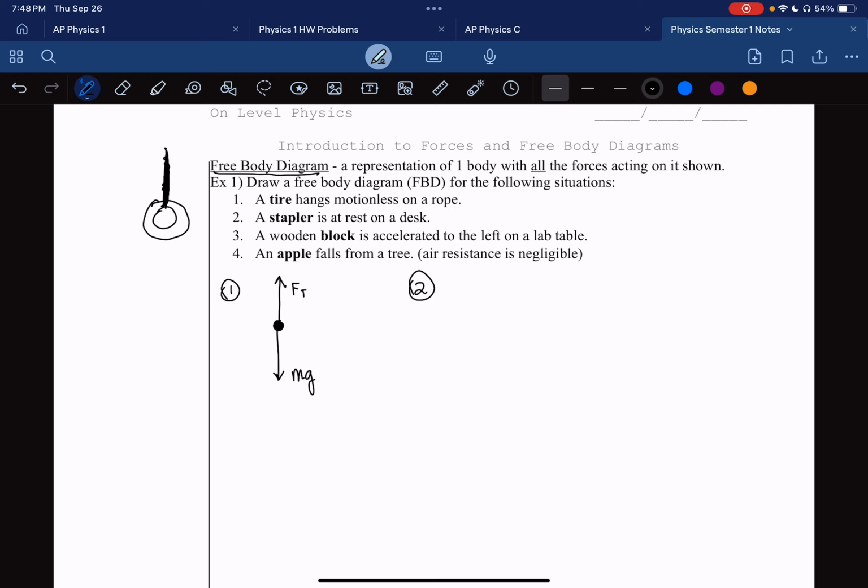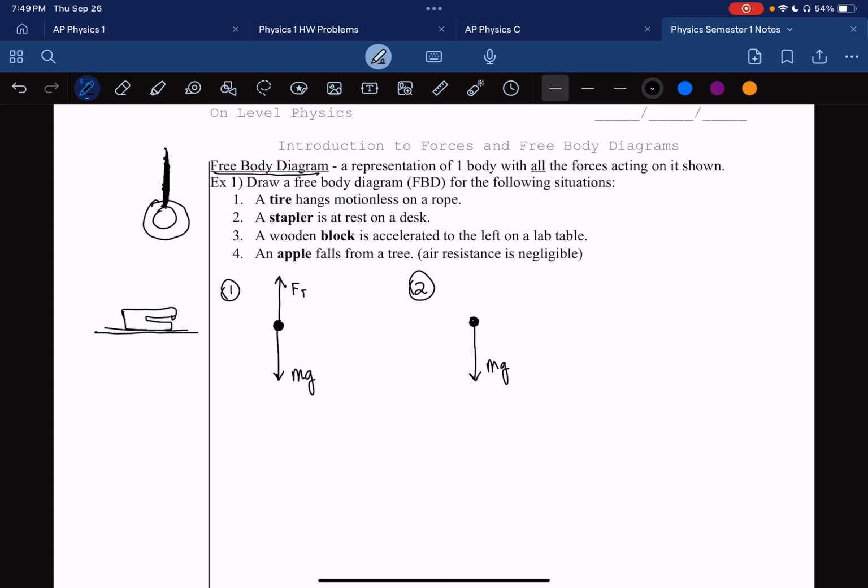Number two, and I'm just drawing these just to illustrate it, to give you a visual. That's a stapler, clearly. Something like that anyway. Stapler sits at rest on a desk. Let's draw a dot for the stapler. Again, I always like to start with the gravitational force. It clearly has mass, so it has a force mg, gravitational force pulling it down towards the center of the Earth.